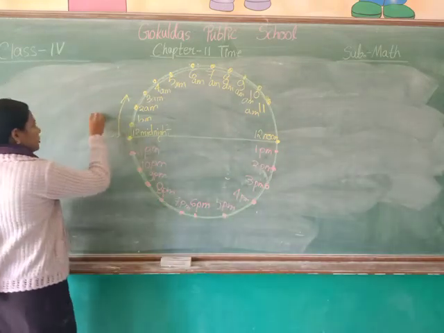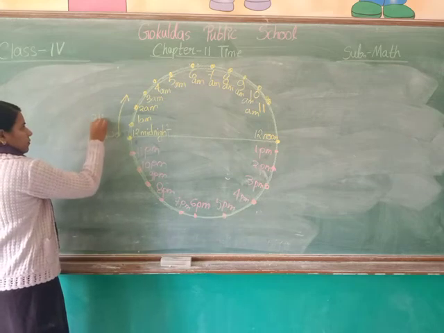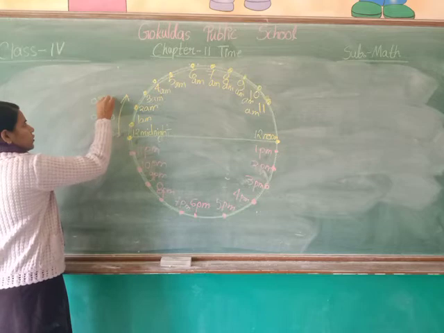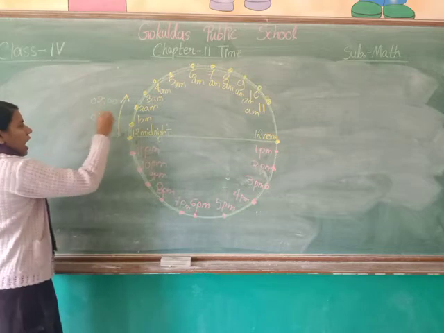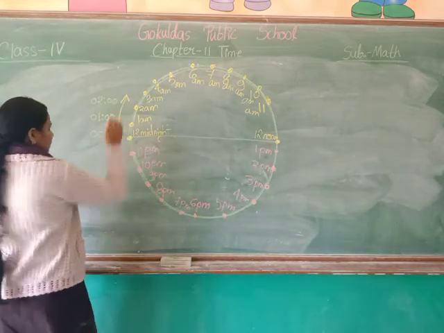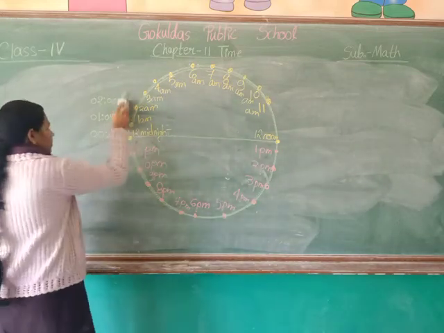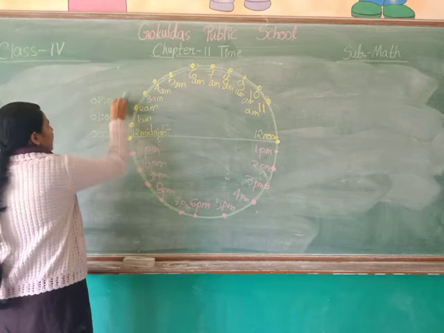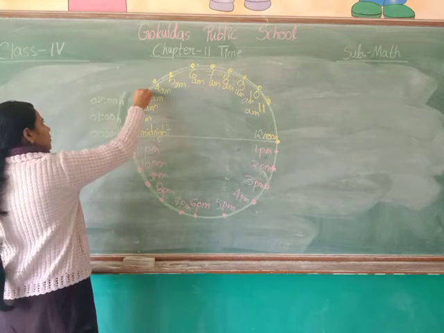Then at 1 AM it will show 1. Then at 2 it will show 2 hours. We remember these timings will be in hours. In the 24-hour format we use hours. I am writing H. H means hours.